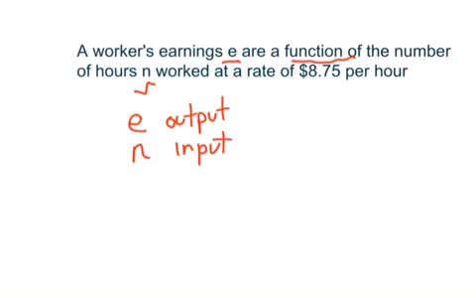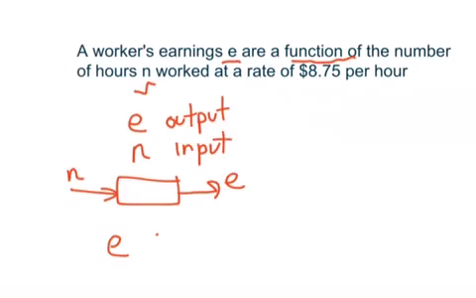In other words, however many hours N we work, we output E, how many dollars we get. Okay, so switching this to symbols, we'll have E equals, and the total equals sum of parts.